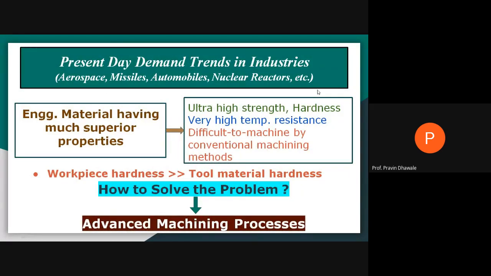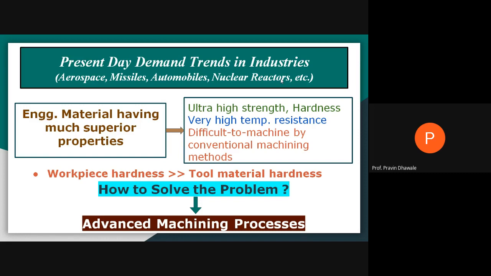If you consider the present scenario in industry, recent trends in industries like aerospace, missile, automobile, and nuclear reactor, we require engineering materials that have very superior properties in order to sustain the load and the stresses. It may be thermal stress, right?